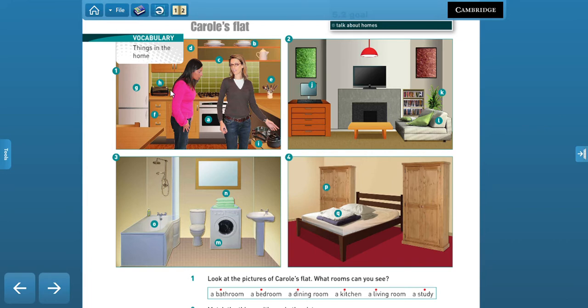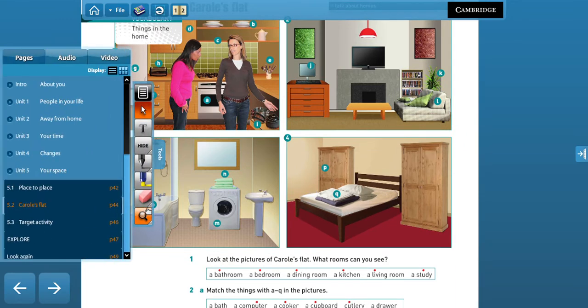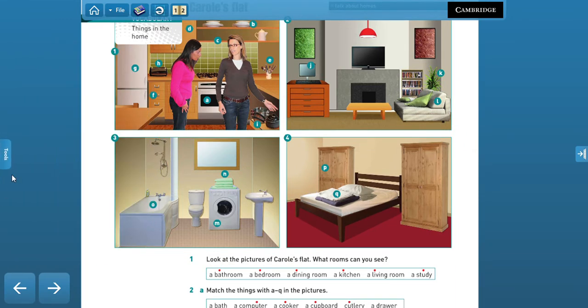Now, if you pay attention, we have some letters, right, next to some objects. So what I want you to do is to match the objects with the corresponding name, right? So if you don't need the names, maybe you can do it on your own, right? But I'm going to try to make it smaller so you can see the concepts as well.